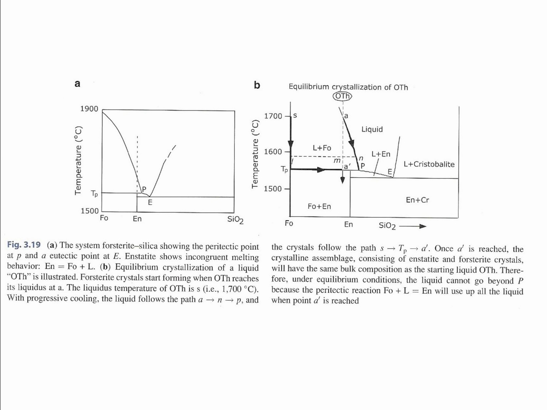Then we are forming an enstatite, which is an orthopyroxene with the mineral chemical composition Mg2Si2O6, and then we are going to the right hand on our diagram. We are having then SiO2.